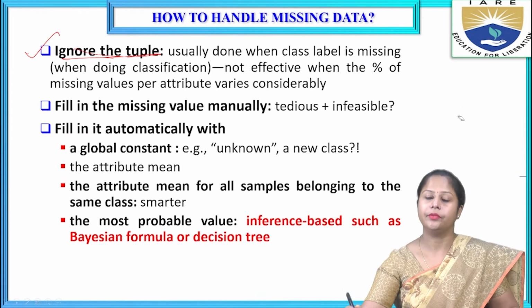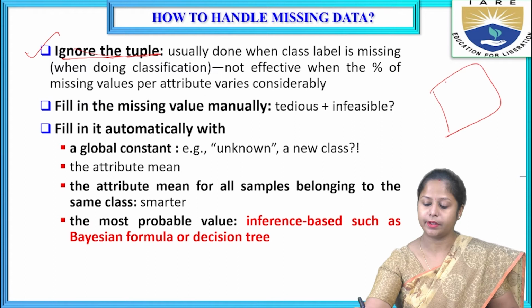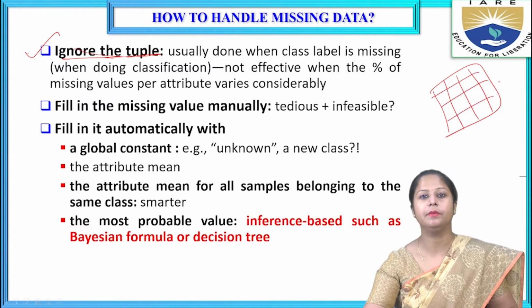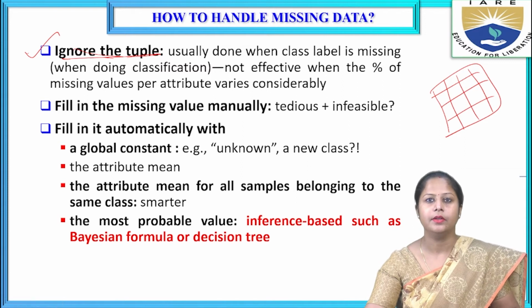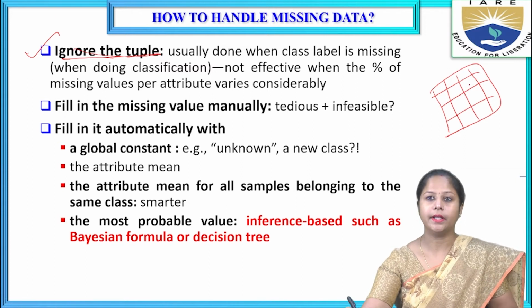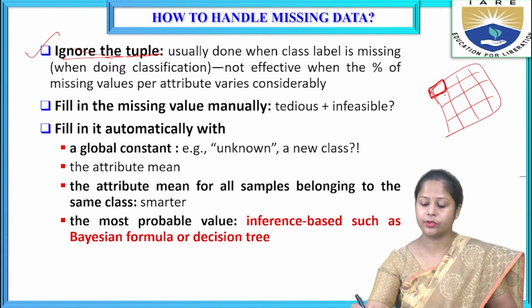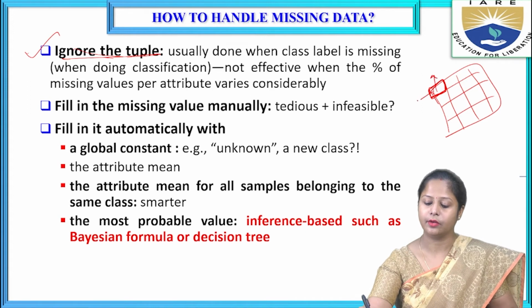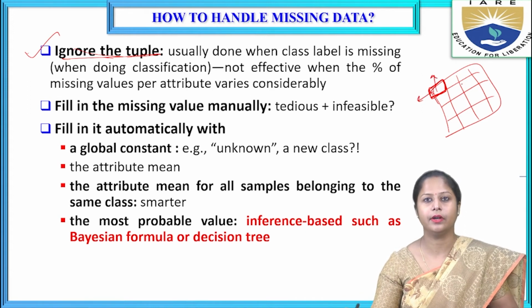For example, if you have some structured type of data, some structured table, the tuple is nothing but the record in a row and column. The record is stored in the row and column. So that is called a tuple.